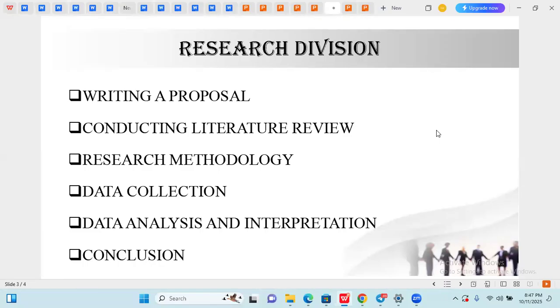The next is research methodology. This is a division of research. Research methodology is a course on its own in some schools. It's very elaborate. This is where you tell us the type of research you are doing. Are you doing qualitative? Are you doing quantitative? Are you doing mixed method? Are you doing experimental?